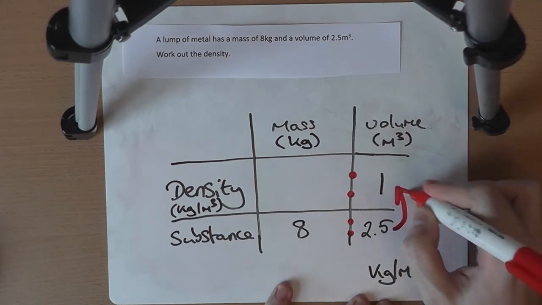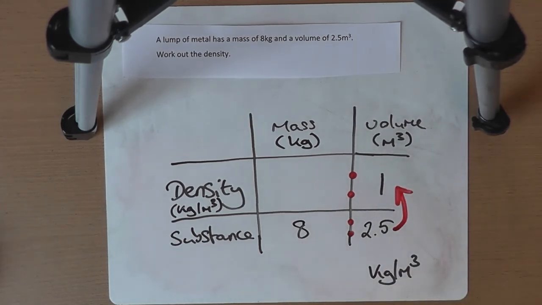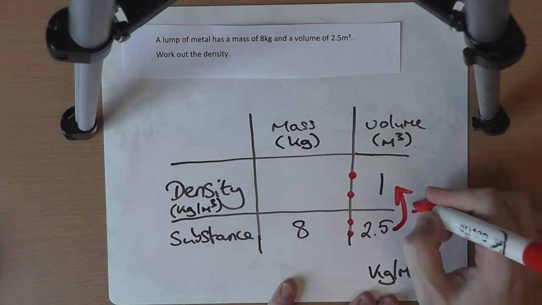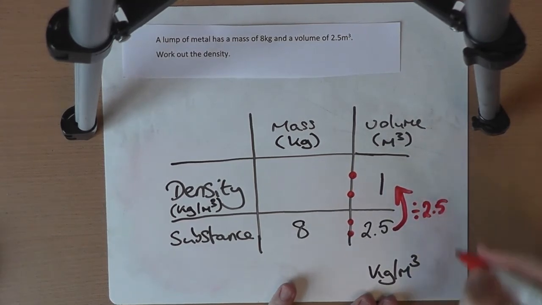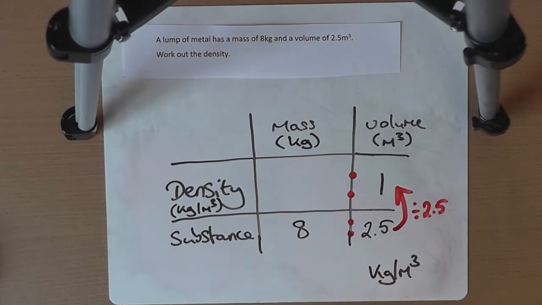So we could look at this pair here, say, the 2.5 down to 1. How do we get from 2.5 down to 1? By timesing or dividing, because we're just scaling ratios. Well, if we do 2.5 divided by 2.5, anything divided by itself will give us 1. So if we divide by 2.5 on the right-hand side, on the volume part of it, then we will get down to 1.